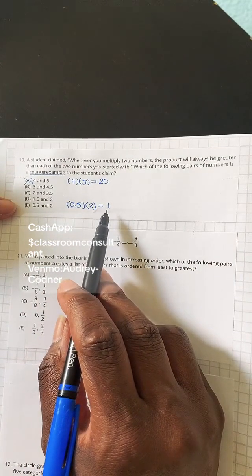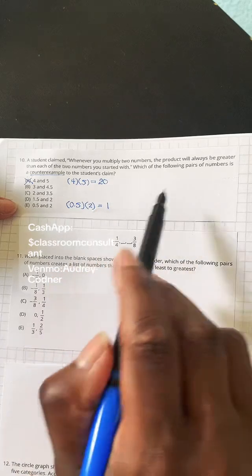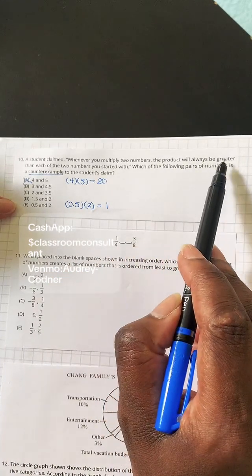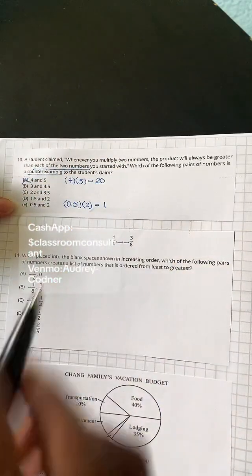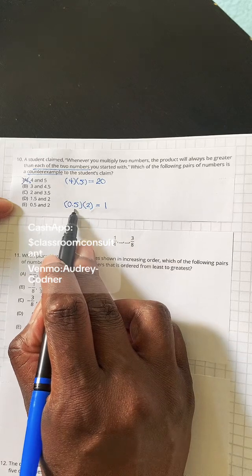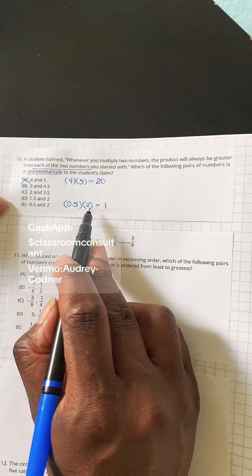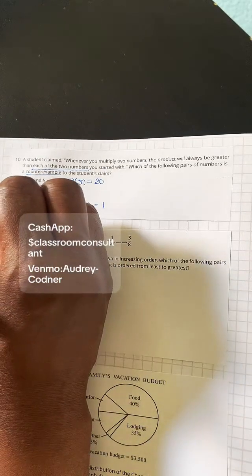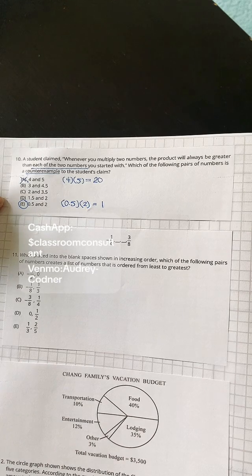So here's my thing. 1 is definitely bigger than 1/2. But it says the product will always be greater than each of the two numbers. So right now it's bigger than the 1/2, but 1 is definitely not bigger than 2. So right here, we found our answer of E.